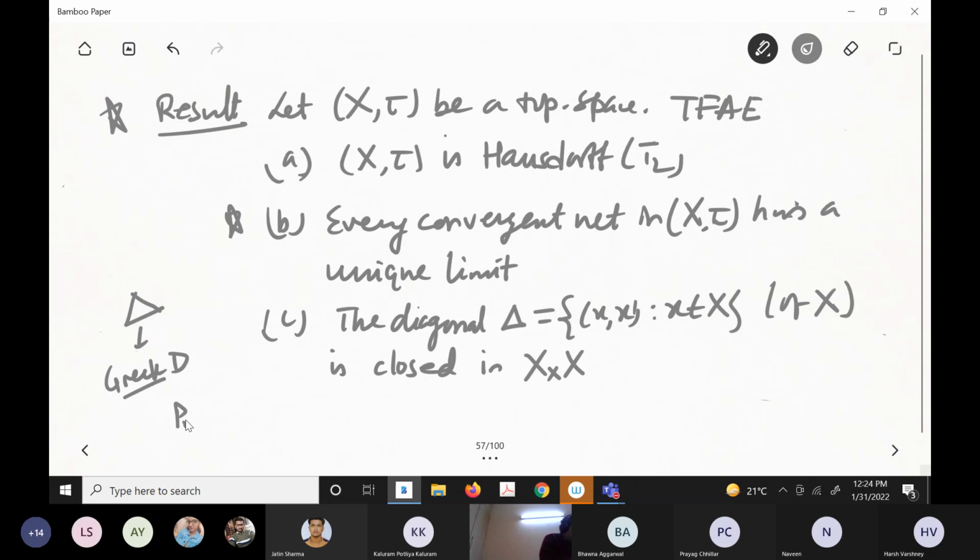Okay, proof of B implies C. We are assuming unique limit and you have to show the diagonal is closed. But again, you will use the concept of the net.